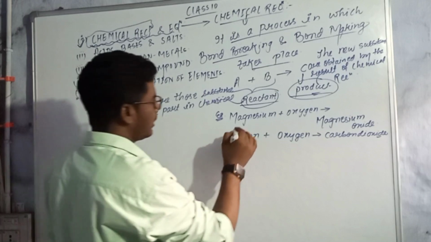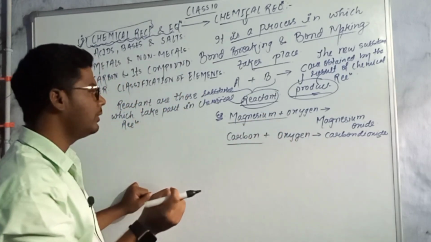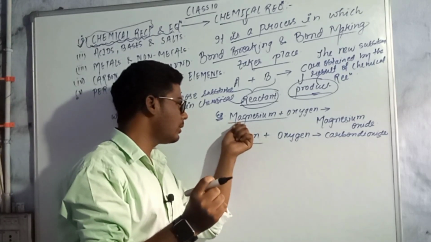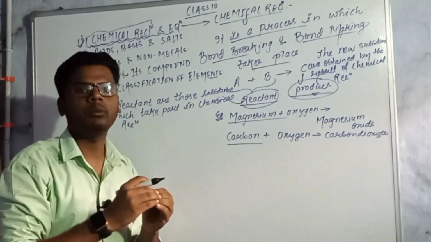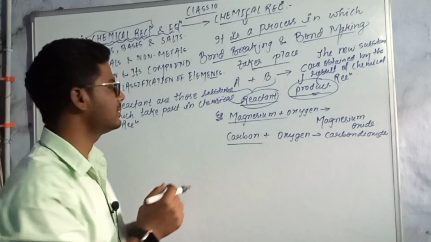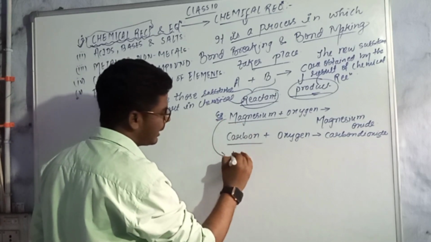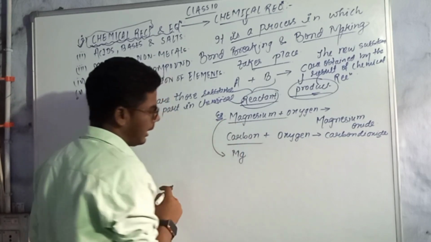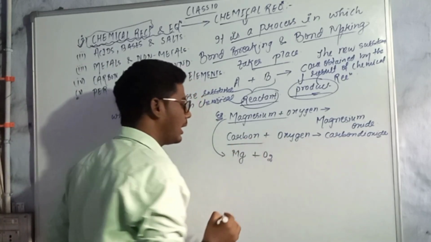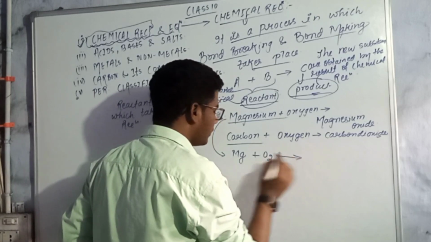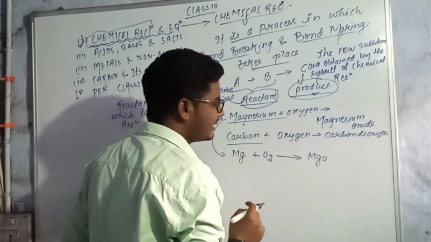We know that both of these are chemical reactions. Can we write these reactions with the help of their symbols or formulas? When we talk about magnesium, we can write it as Mg. For oxygen we can write O2. When both combine we get MgO. How does this come?